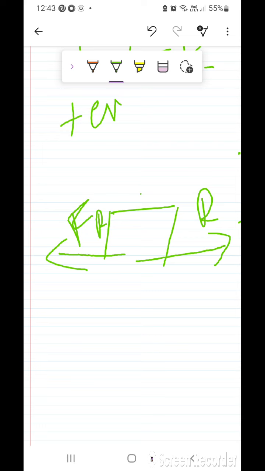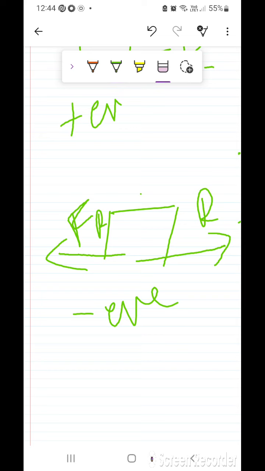Do you think it is a positive work done? No, because the displacement is in right and the frictional force is acting towards left. The force has a different direction than that of the displacement. So here the work done is negative. This we understood by the term direction.